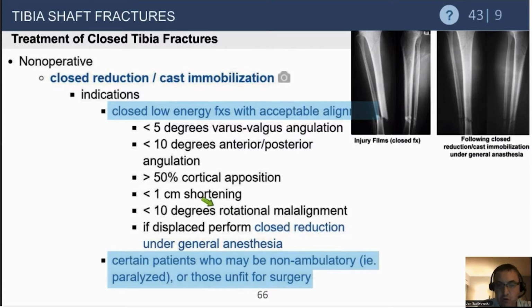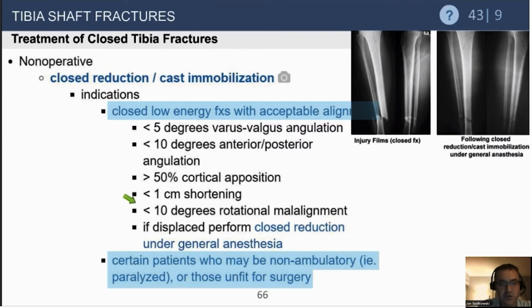So once again, treatment options, we went over this earlier with proximal third tibial fractures. Indications for closed reduction and cast immobilization include usually low energy fractures with acceptable alignment. That's going to be key, acceptable alignment. Less than 5 degrees varus valgus, 10 degrees in the AP plane, more than 50% cortical apposition, less than 1 centimeter of shortening.